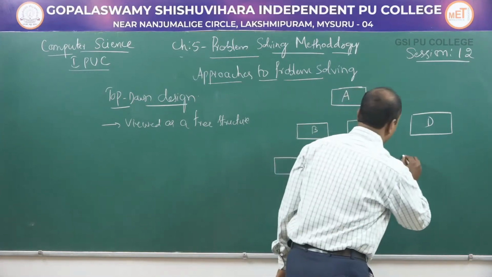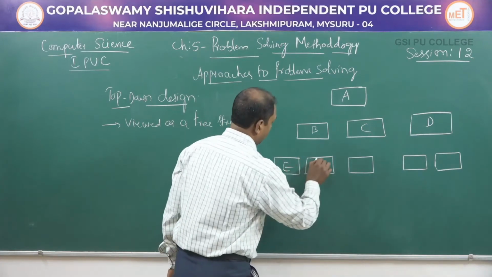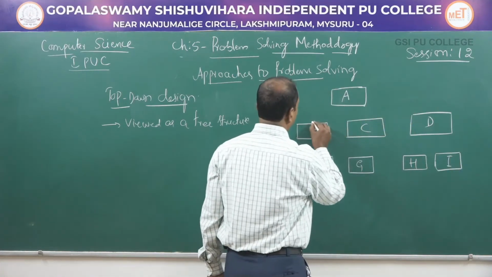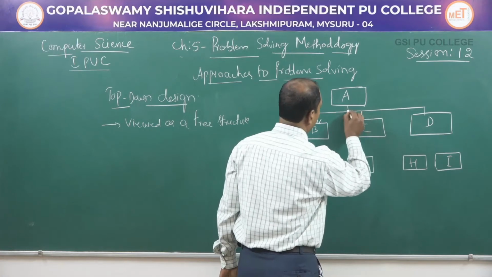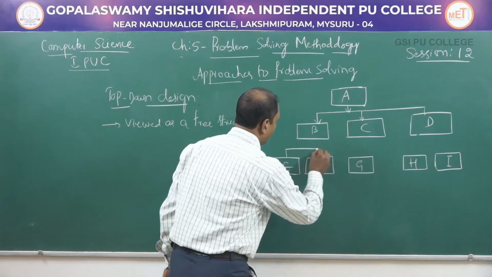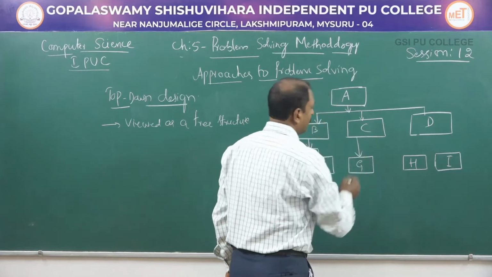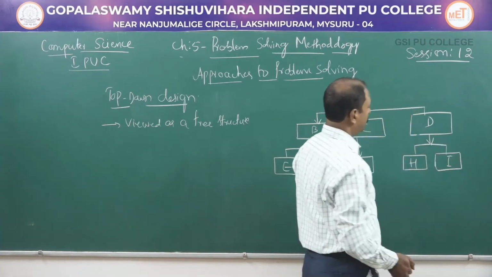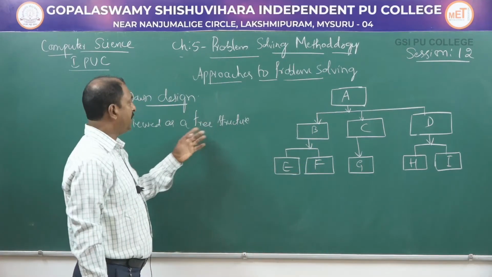Similarly C has one sub program G, and D can have another two sub programs H and I. This is one level: problem A is divided into three sub programs, B is divided into two sub programs, C into another sub program G, and D into two sub programs H and I. So this is how we can view top-down design as a tree structure.